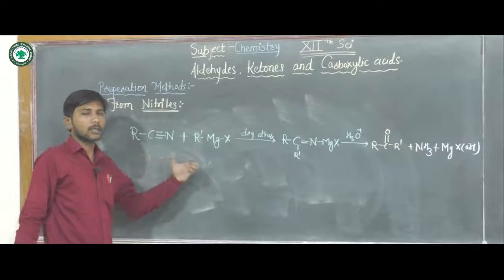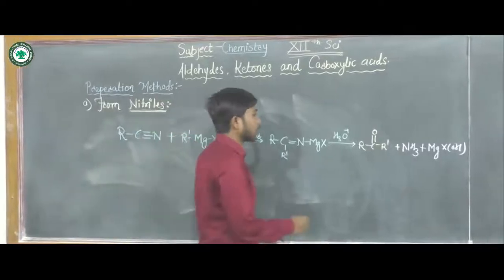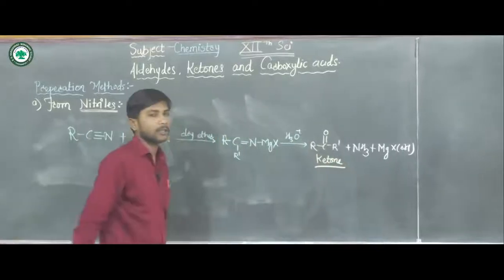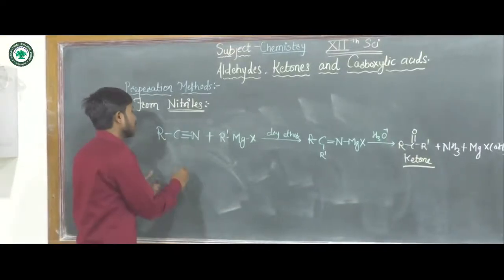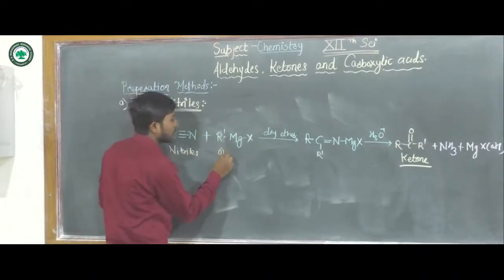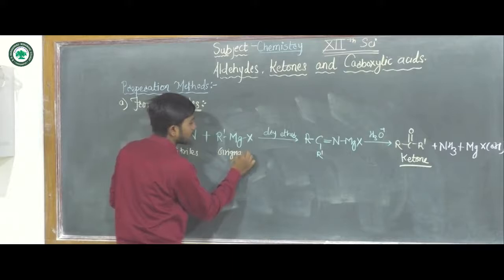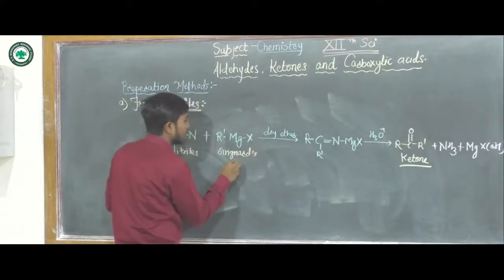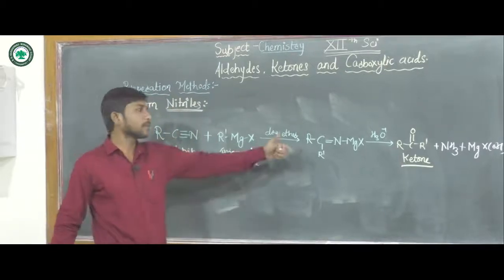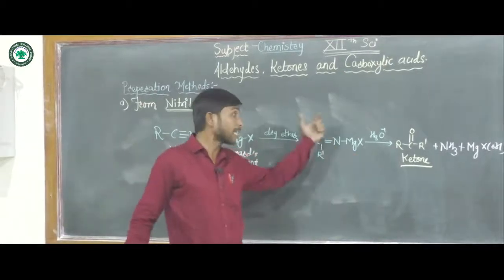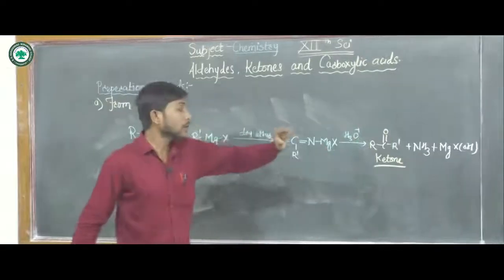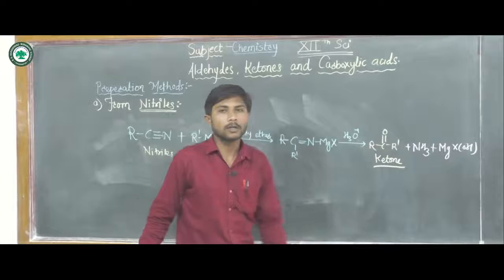Means here also, for the preparation of ketones from the nitriles, it is a two-step reaction in which the nitriles react with Grignard's reagent in dry ether as a solvent, giving the intermediate magnesium complex product or imine complex product, which on further acid hydrolysis gives the corresponding ketone.